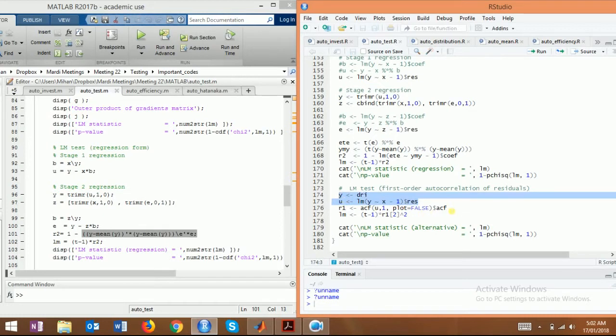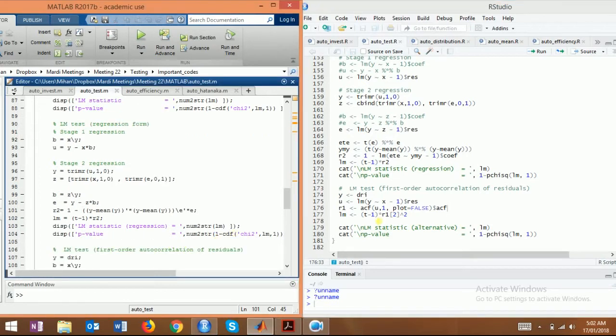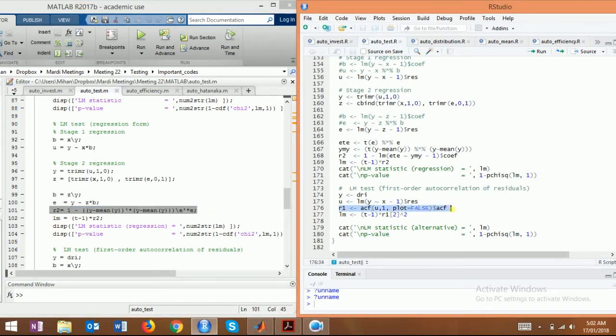Then r1. Beautiful. Okay, so autocorrelation function, this is autocorrelation, right? We just run a thing called the autocorrelation function in our ACF function. We run the autocorrelation function on u. We don't want a plot on u, with one lag.